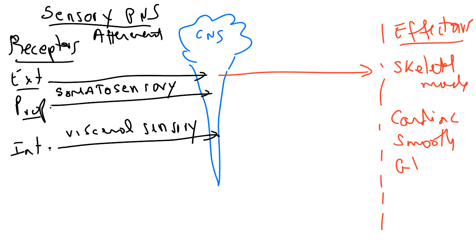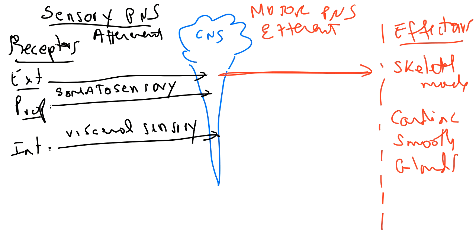We said that this was the motor division of the PNS, or efferent division. The nerves that carry the commands to skeletal muscle were called somatic motor.